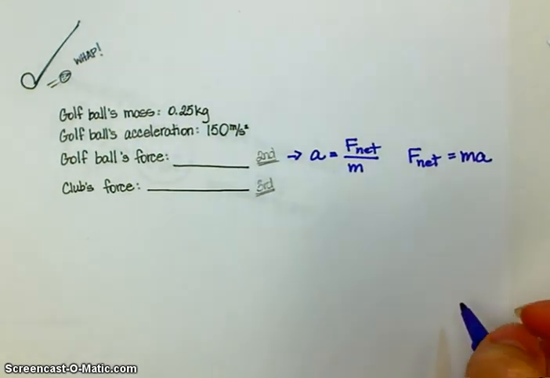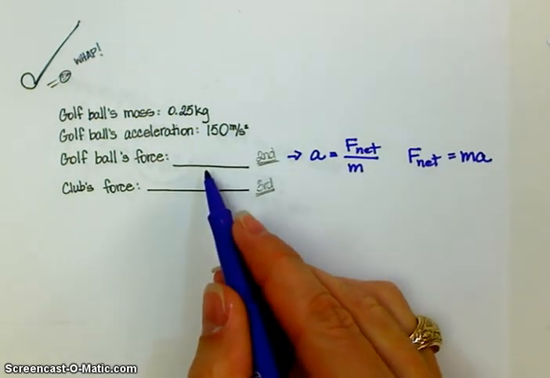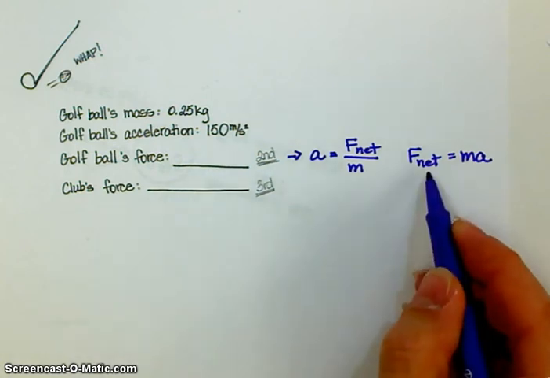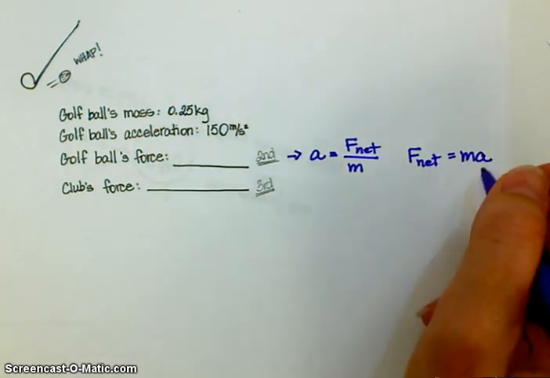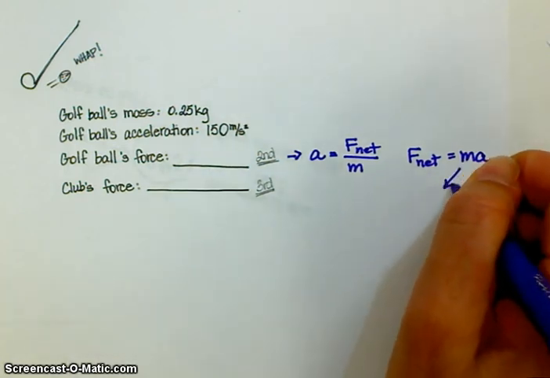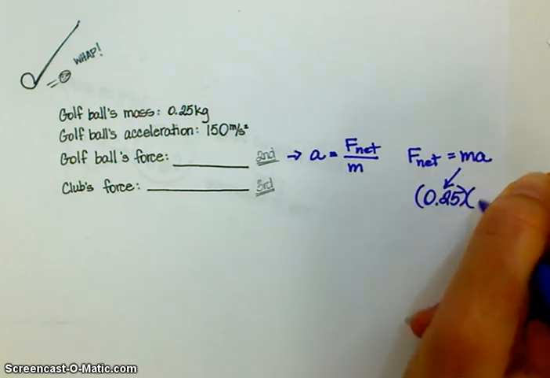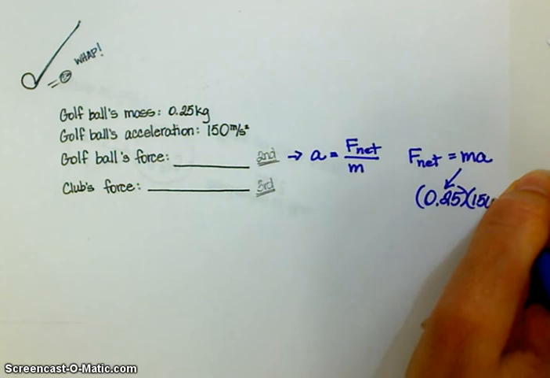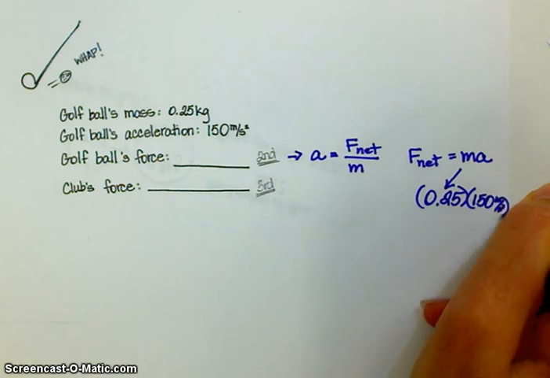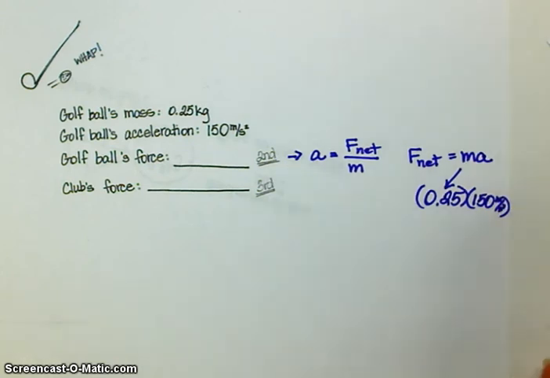In this particular case, we're looking for the net force on the golf ball. That's going to be the mass of the golf ball, which is 0.25 kilograms, times the golf ball's acceleration, which is 150 meters per second squared.